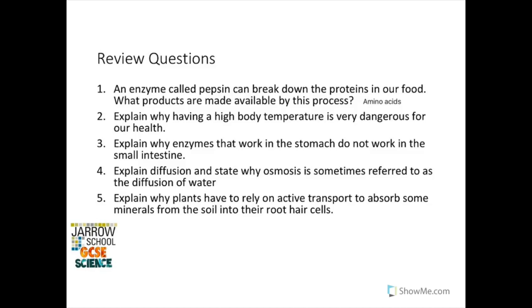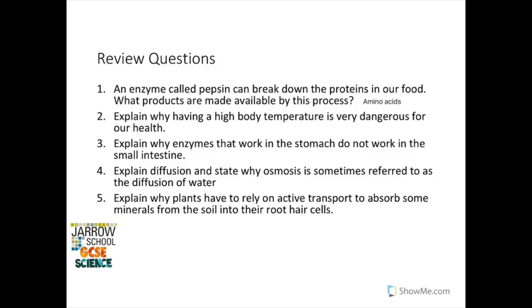Okay, number 2, explain why having a high body temperature is very dangerous for our health. Okay, so this is all to do with the enzymes in our bodies being sensitive to temperature. So basically our body temperature should be above 37 degrees C, but definitely below 38 degrees C. If our body temperature goes above 40 degrees C, we can be in real danger.